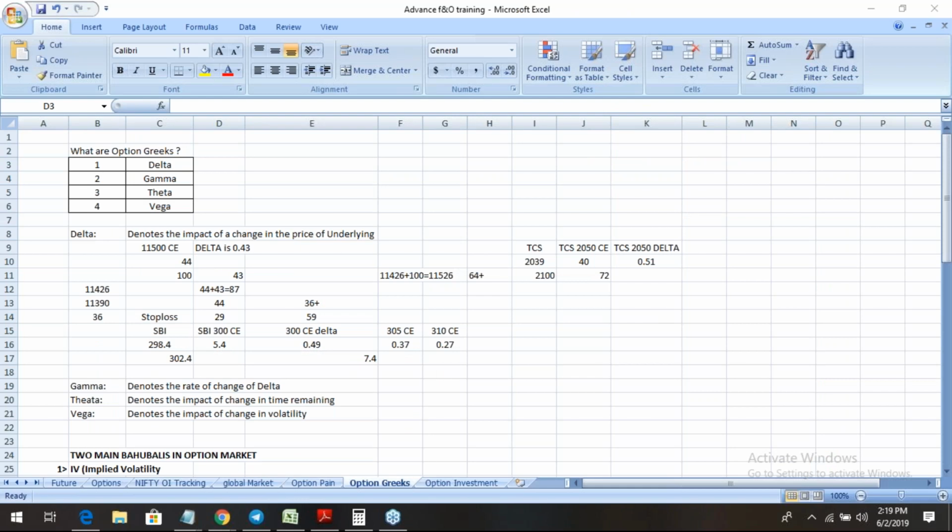Yes. We have 13 people and only 2 people saying yes. 3, 4, 5, 6. What about others? Everyone clear? What is delta? How are we calculating delta? Vijay, cleared?